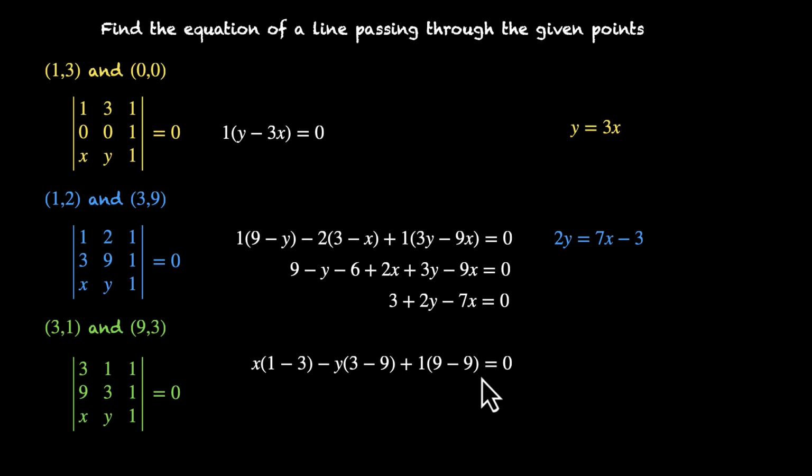That's going to be the equation, equal to 0. So this is minus 2x. This is minus 6, minus, minus, plus, that's plus 6y. And then this is 0. This is minus 2x plus 6y equals 0, or 6y is equal to 2x. Or we can cancel 2 out. We have 3y equals x. That's going to be the equation of this third line.